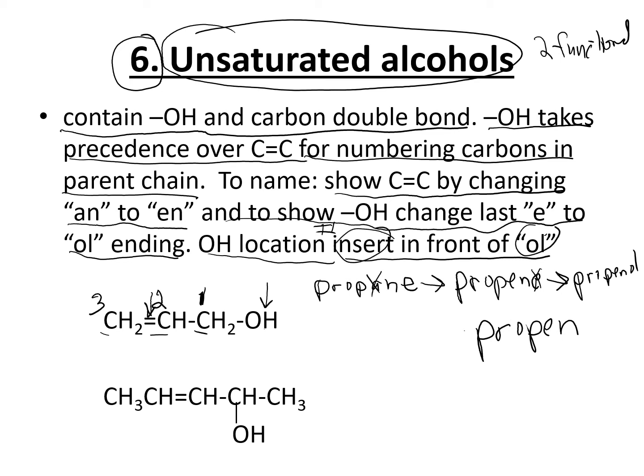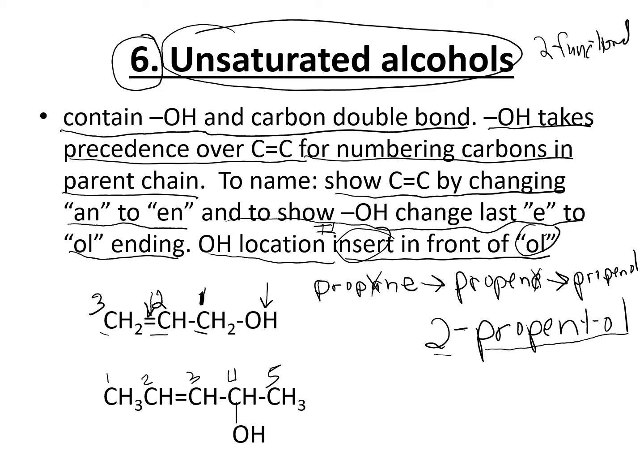So it's propan-1-ol. And then the location of the carbon double bond is between carbons 2 and 3, so we put a 2 in front. So that compound is called 2-propen-1-ol.